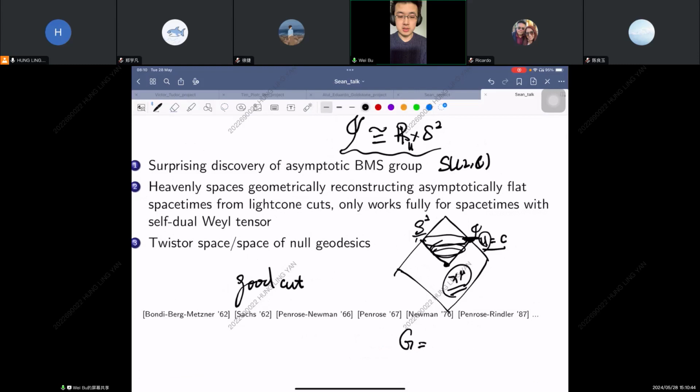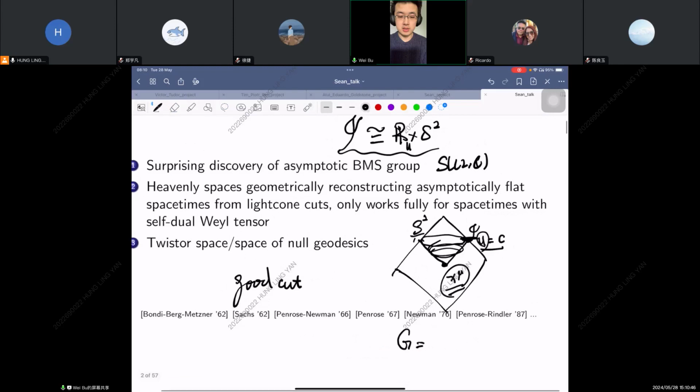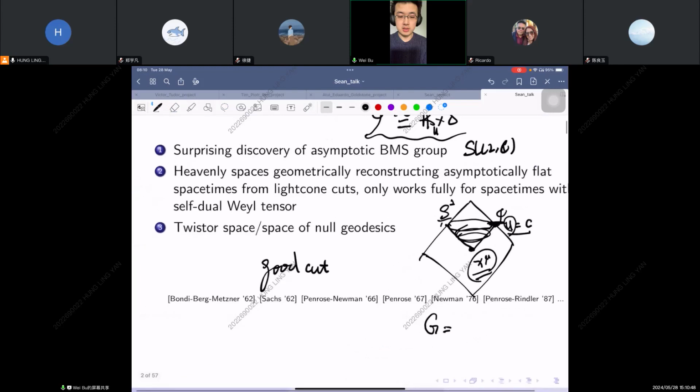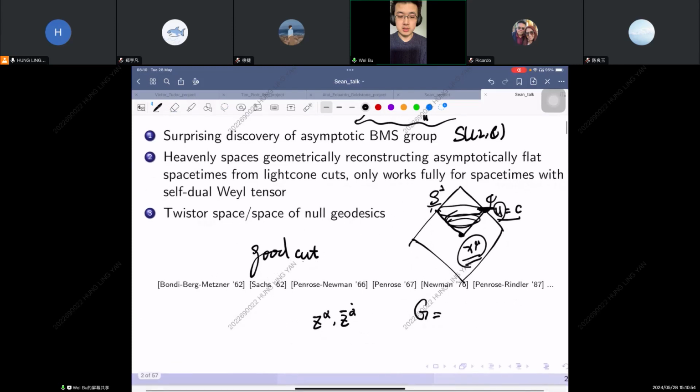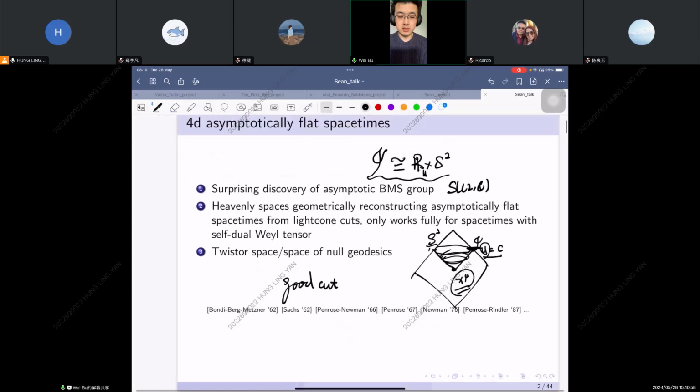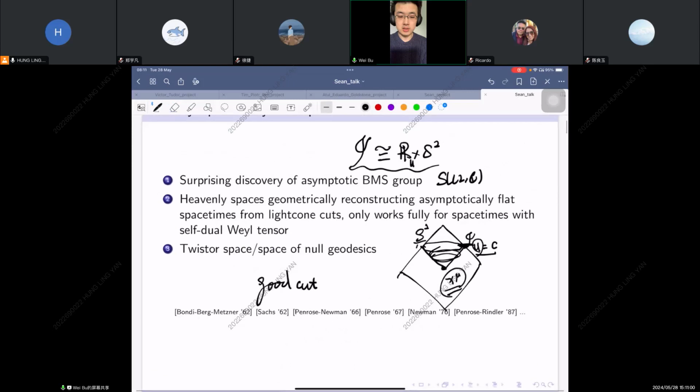Let me write. What's the notation you guys are gonna understand? So if I write outer product for the celestial sphere coordinates is Z^α, Z bar^α dot. Okay. Do you guys know the? Let me get into the notations and then tell you about it. Yeah, that's right. This is just the motivation part.